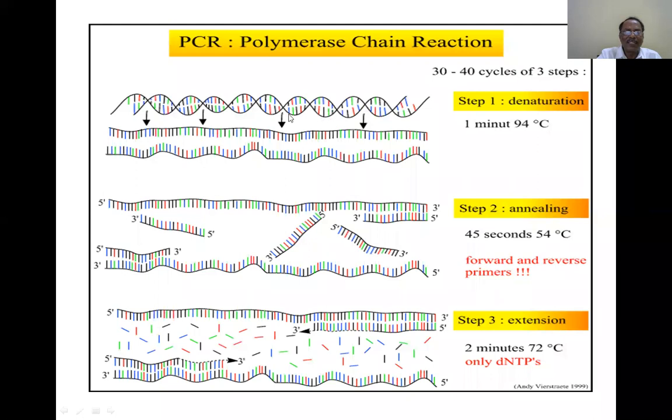A specific sequence of a particular, say, a virus, or for example, tuberculosis. Tuberculosis has a few genes, and whether such genes are present or not, initially targeting those particular genes, we will multiply the DNA material present in that given sample. And once the DNA material is multiplied, we will finally identify whether those TB specific sequences are there or not.